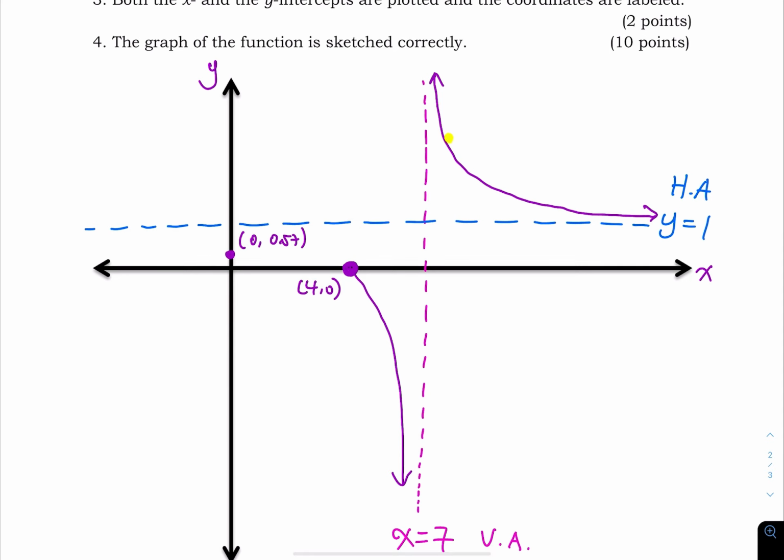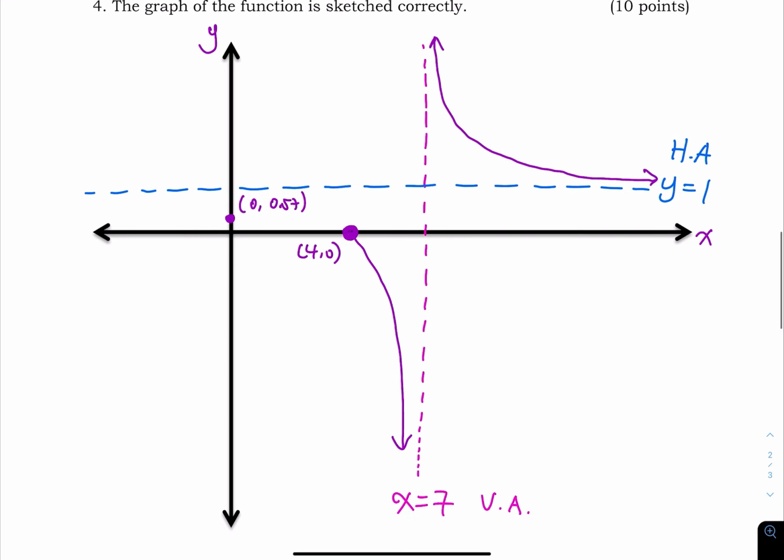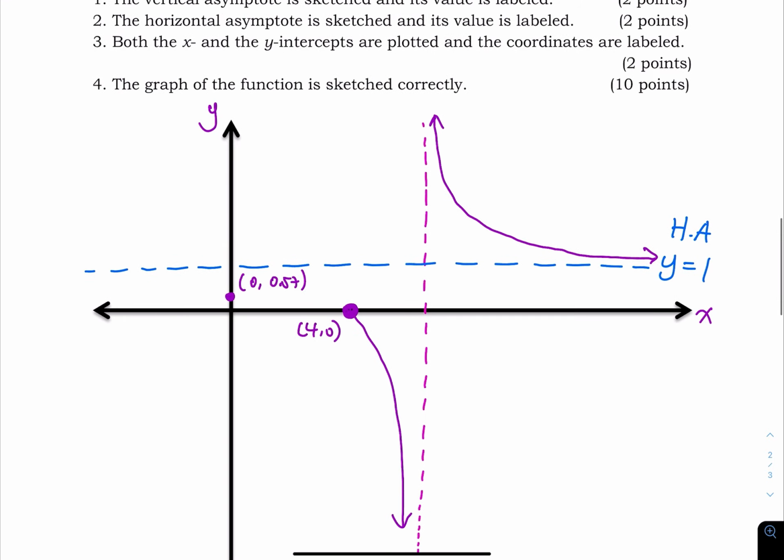This curve is getting closer and closer to x equals 7, but will never touch, intersect, or go across the vertical asymptote. And then the other piece, as x approaches negative infinity, y approaches 1. So getting closer and closer to the horizontal asymptote, but never touches the horizontal asymptote.